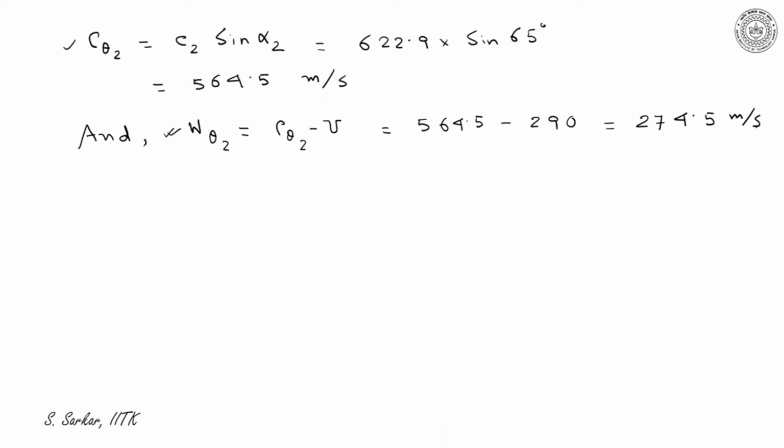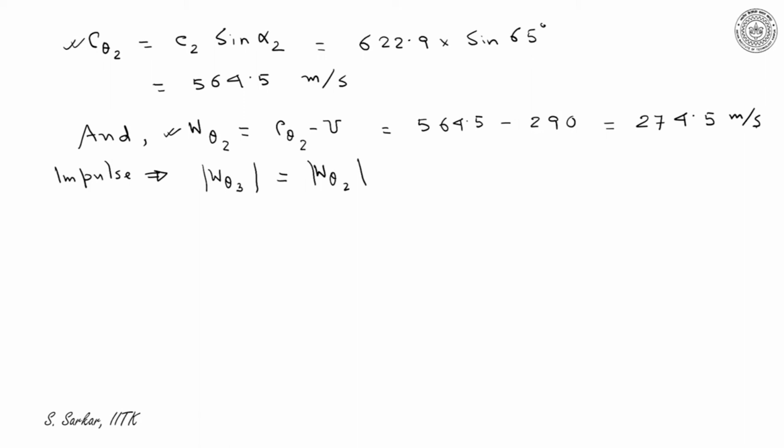I have got C theta 2 and I have got W theta 2. So I am solving the inlet to the rotor. For a zero reaction machine, that is for an impulse turbine, I can say W theta 3 and W theta 2 in magnitude are equal, but they are opposite in sign.